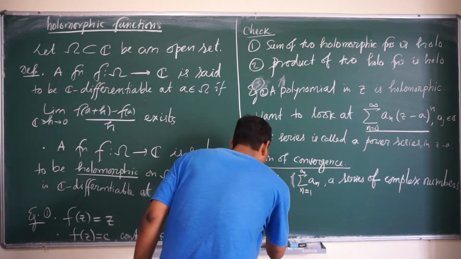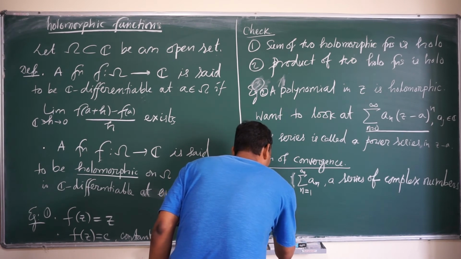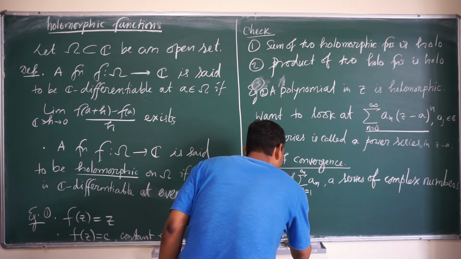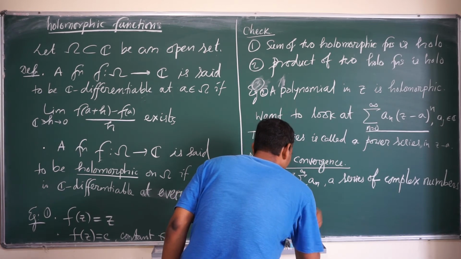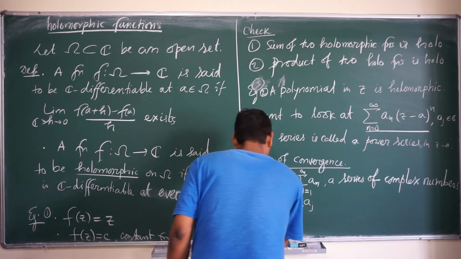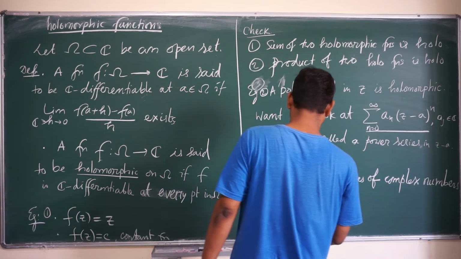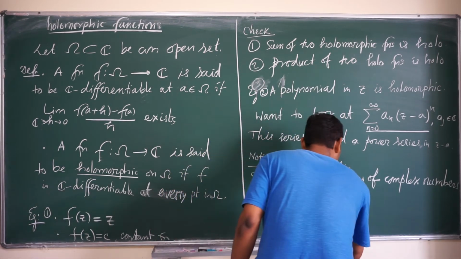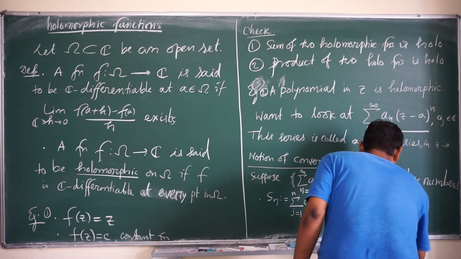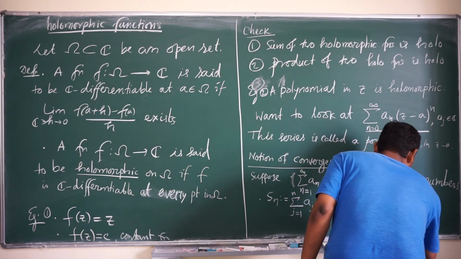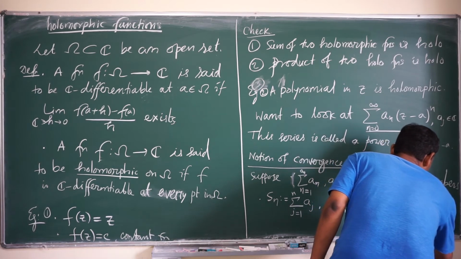We define S_n to be summation j from 1 to n of a_j, and this is the sequence of partial sums.